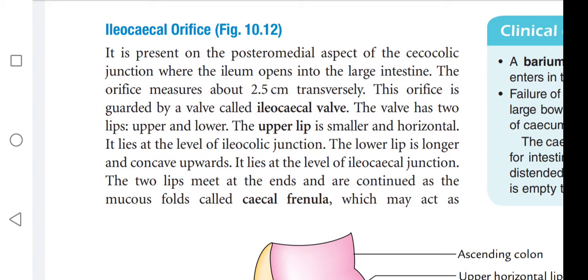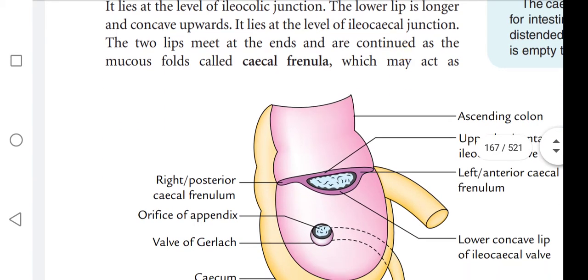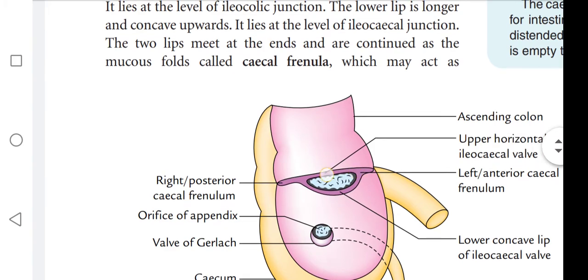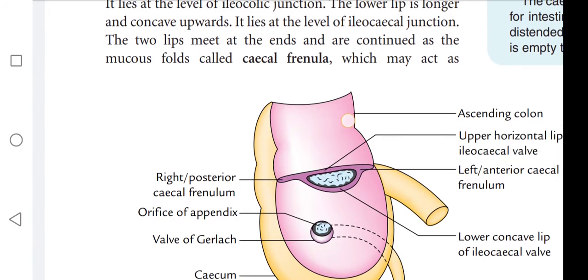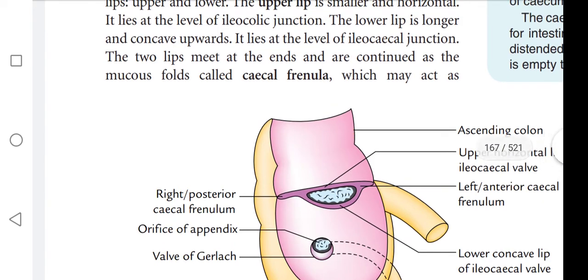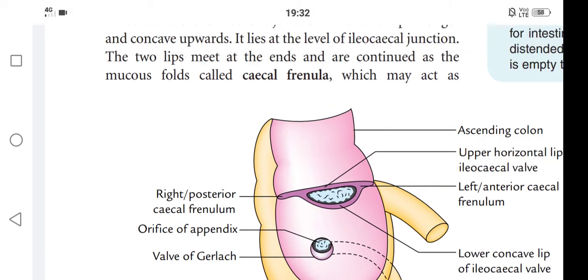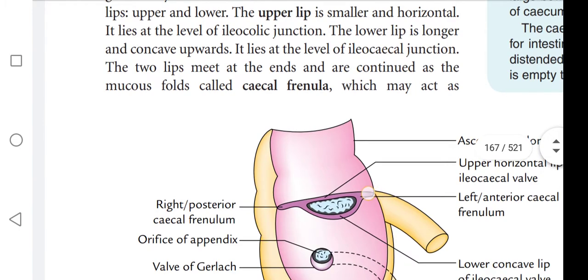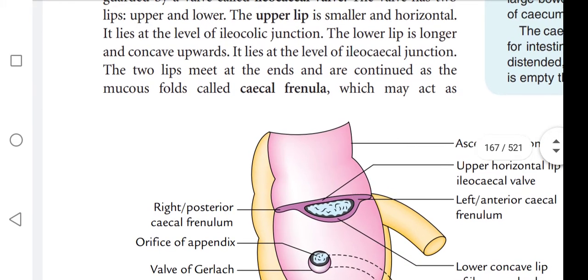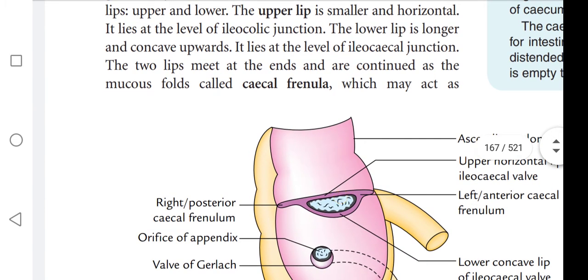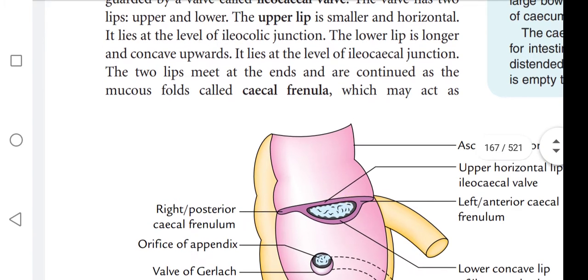It lies at the level of the ileocolic junction. This is the ileum and colic junction.